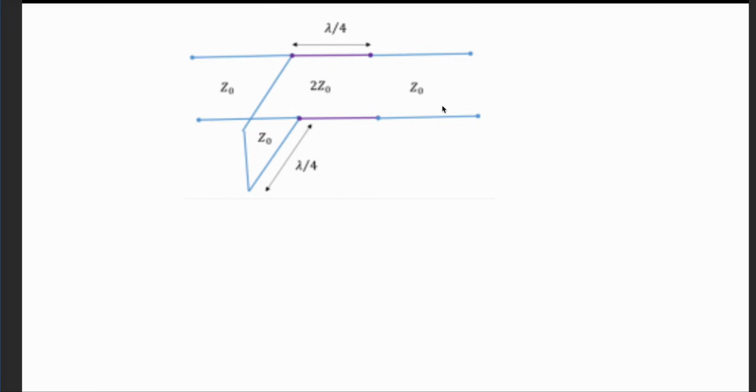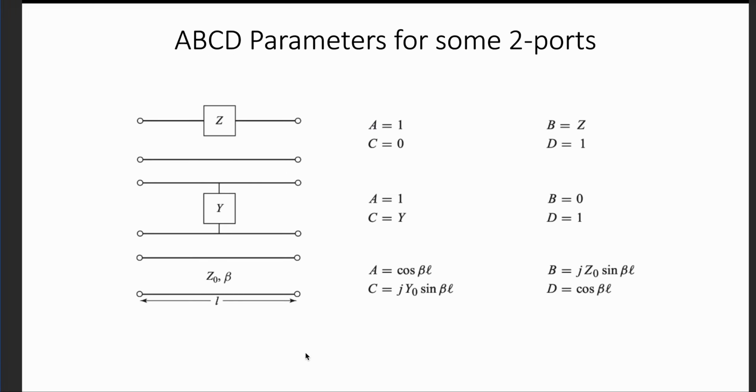Suppose you have one port on the left which has a characteristic impedance Z0, and one port on the right which has a characteristic impedance of Z0, and in between that you have a lambda by 4 section which has a characteristic impedance of 2Z0, and then it is short circuited by a stub which again has length lambda by 4. I just want to know how you will solve such a problem if you know these concepts.